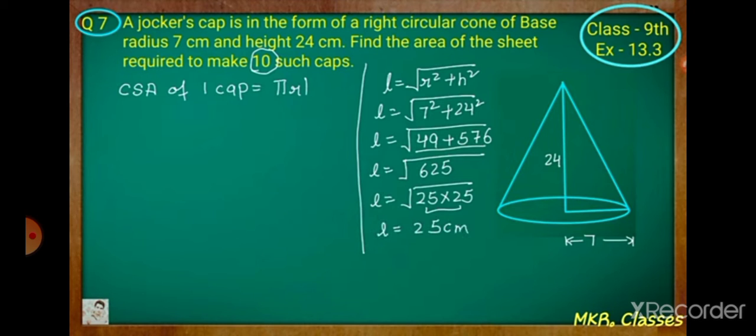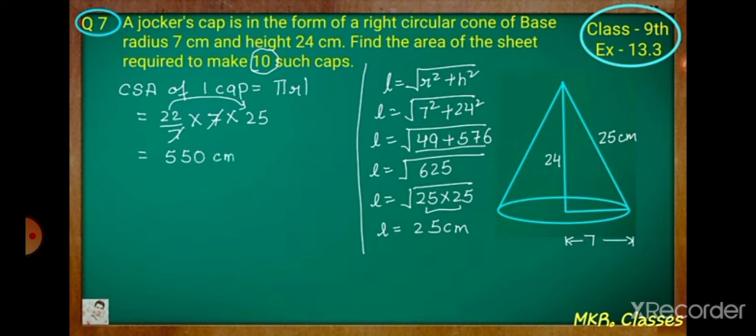Now the curved surface area of one cap is pi r L. We want to find the area of 10 such caps, so once we find the area of one cap, we can multiply it by 10. So pi r L, pi is 22 by 7, r is 7 and L is 25. 7 and 7 cancel out. 25 2s are 50, 0 and 5, 25 2s are 50 and 5, 50.